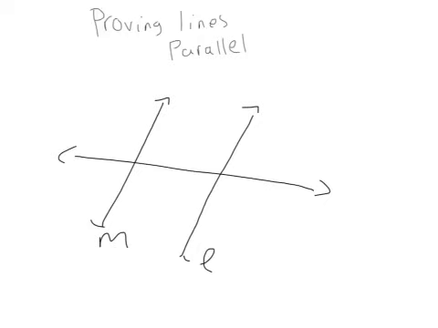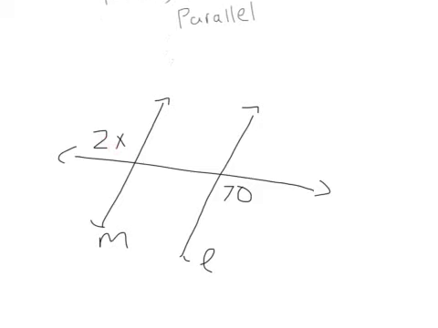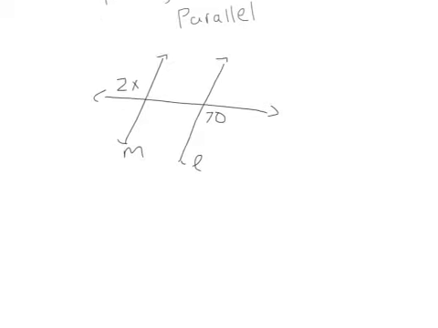And then they might have, let's say we had 2x, and let's say this was 70 degrees here. Well, all you're going to have to do is look at your picture and look at the two angles where they have values. Now this angle here and this angle here are alternate exterior angles, and I know that alternate exterior angles are congruent when these two lines are parallel.